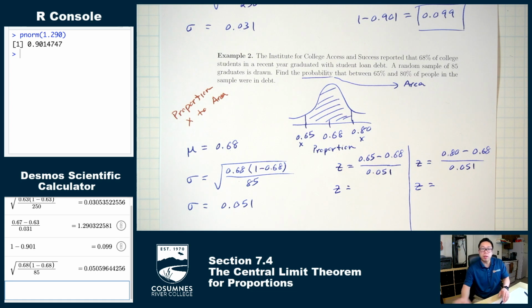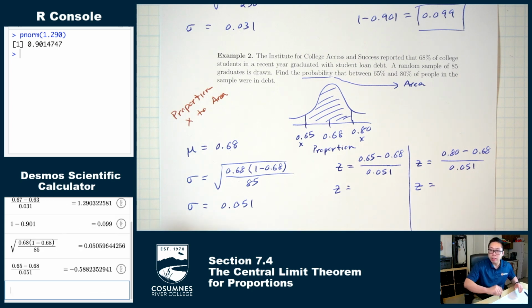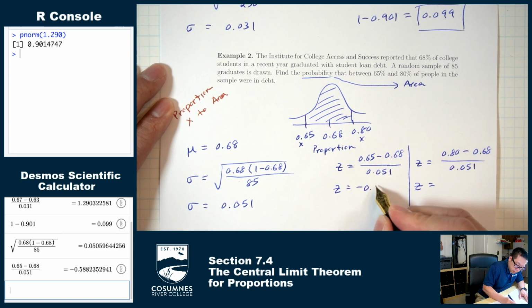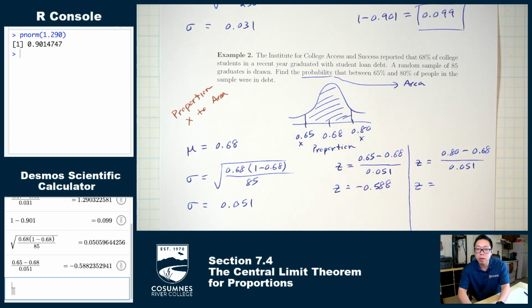Okay, calculator. First one, 0.65 on top, minus 0.68, over 0.051. That's negative 0.588. The other z-score, that's 0.80 minus 0.68 over 0.051.